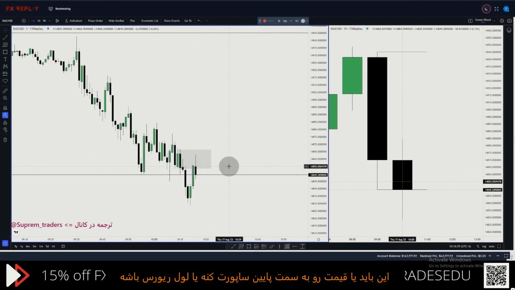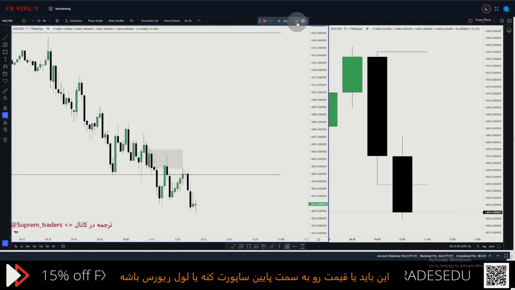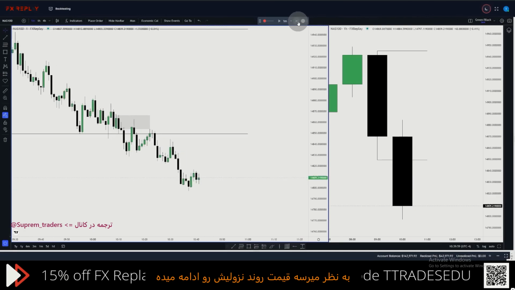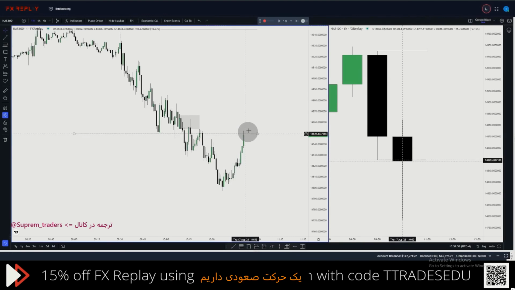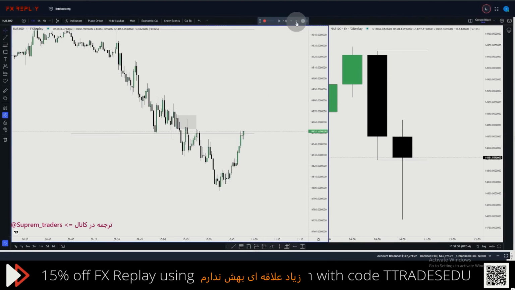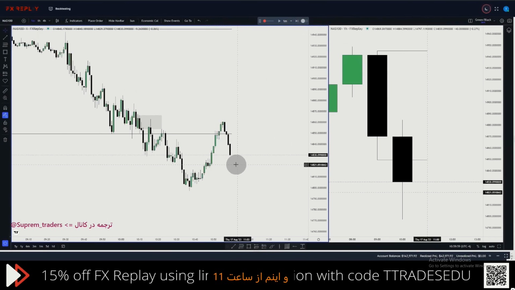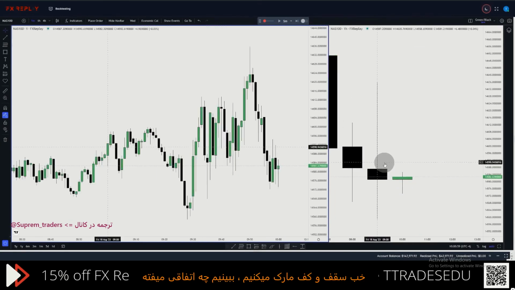This should either support price lower or be a turning point. Looks like price is going to trend down here. There's a move up. Not really a fan. And there is our 11 a.m. Suppose we could enter that, but not really a fan of that.